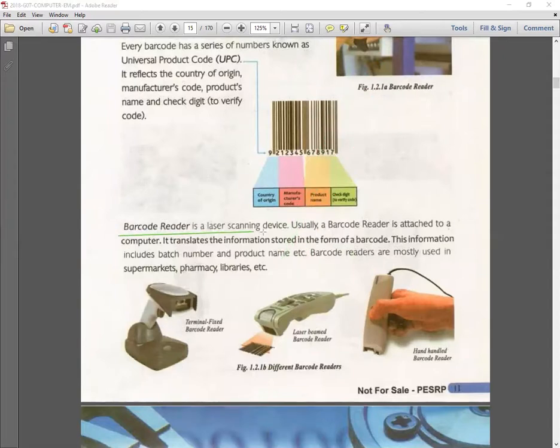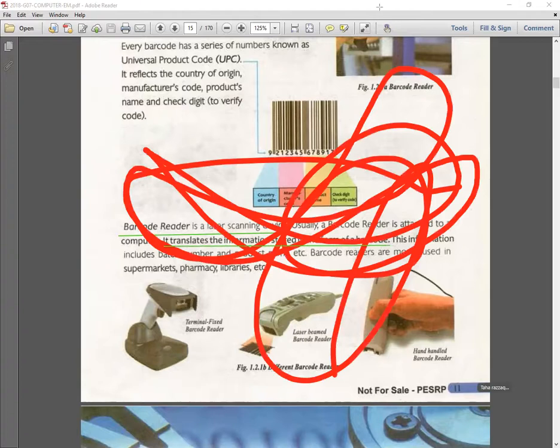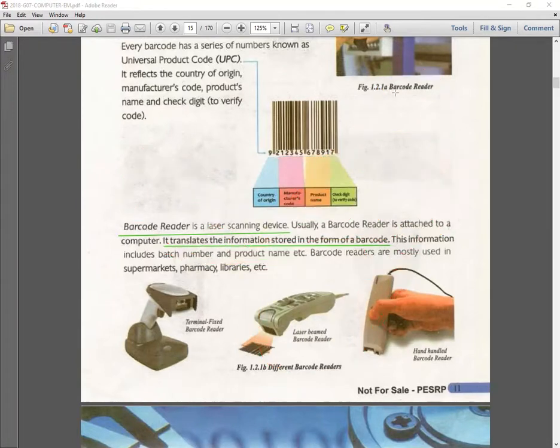Barcode reader is a laser scanning device. It translates the information stored in the form of a barcode. This information includes batch number, product name, etc.